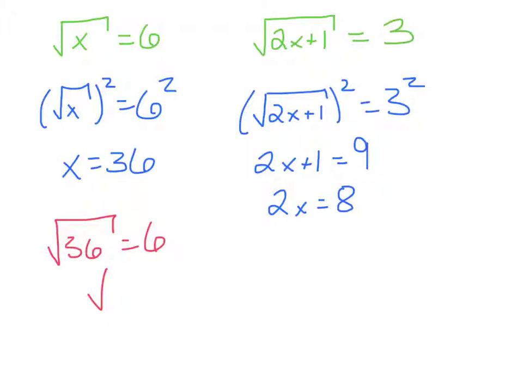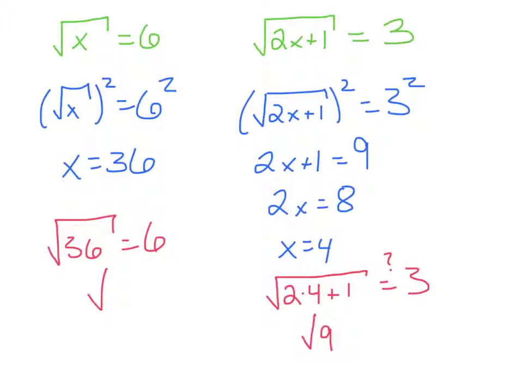Divide by 2, and x equals 4. And again, we're going to plug that in just to make sure, where we'd have the square root of 2 times 4 plus 1, and check to see if that's equal to 3. And 2 times 4 is 8, plus 1 is 9, and sure enough that is true. So we're happy so far.